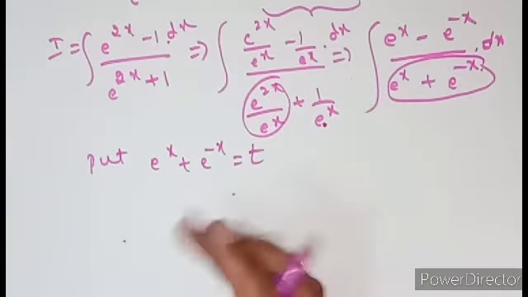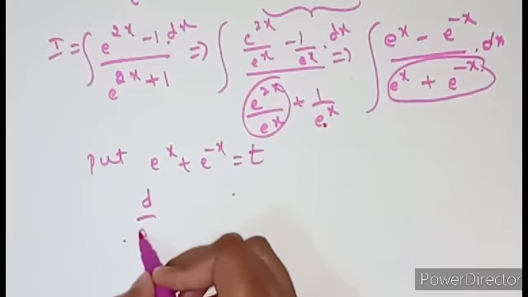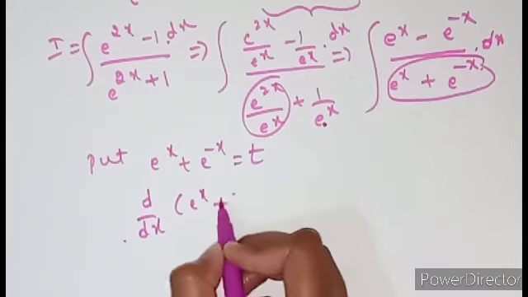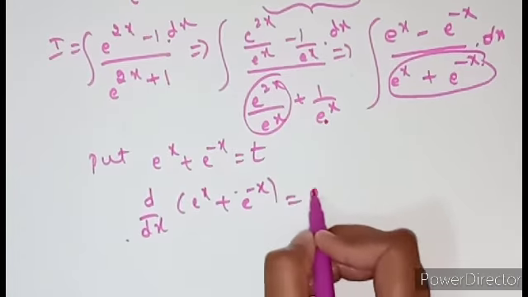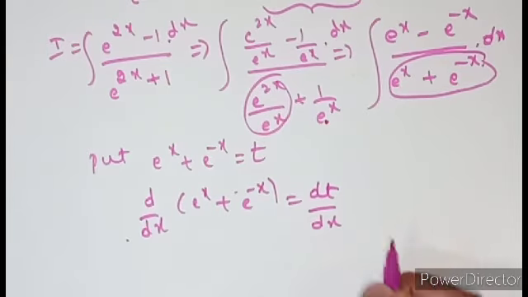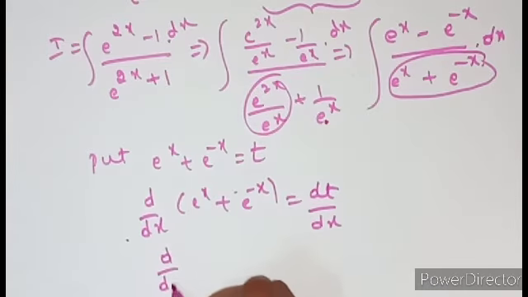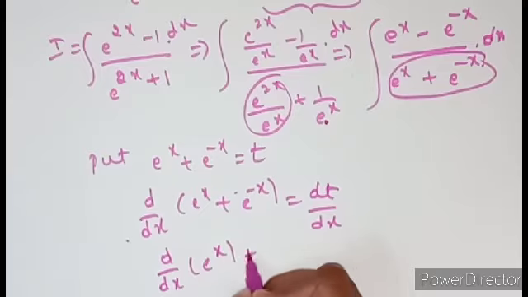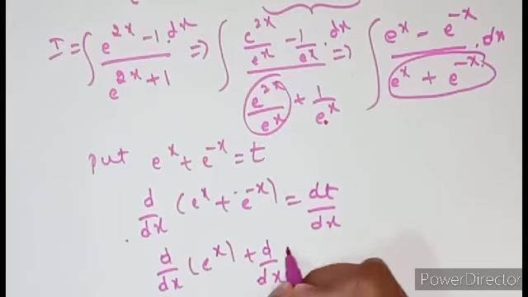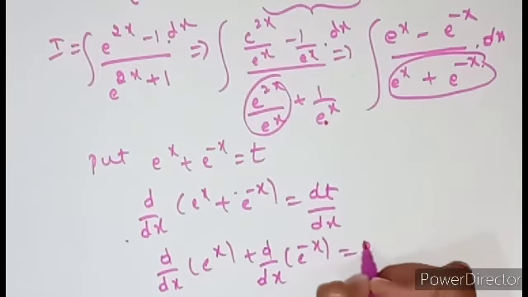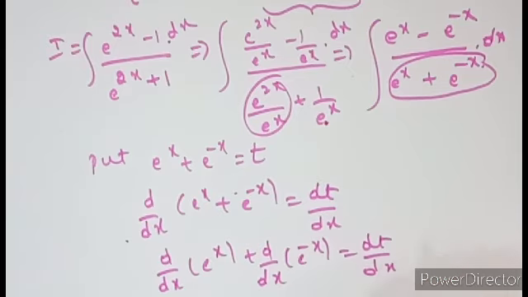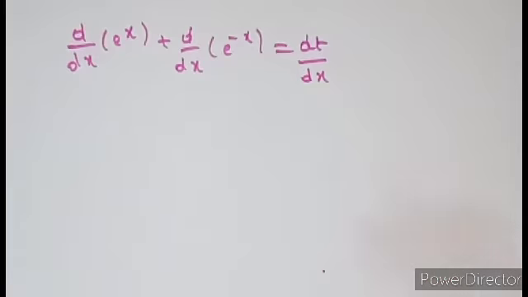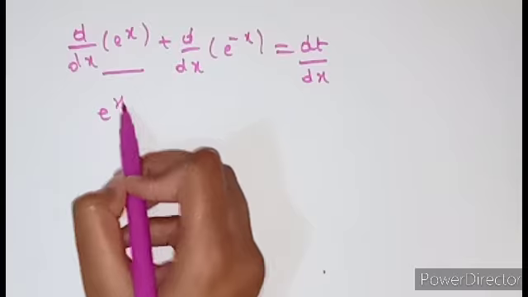Differentiate with respect to x on both sides. d by dx of e power x plus e power minus x equals dt upon dx. Differentiate separately: d by dx of e power x plus d by dx of e power minus x equals dt upon dx. The derivative of e power x is e power x itself.